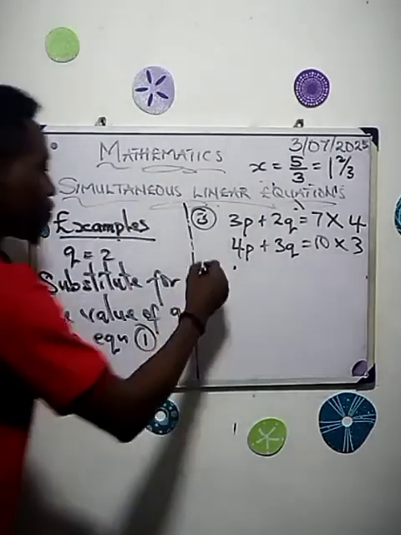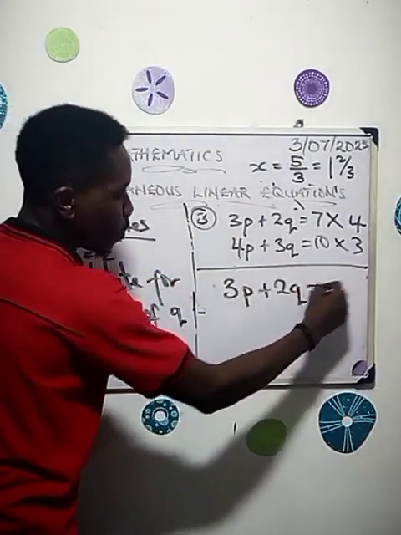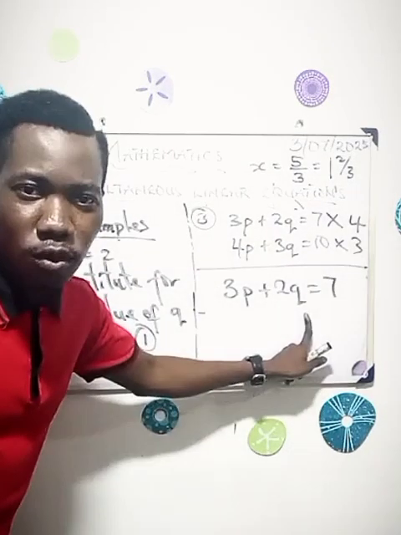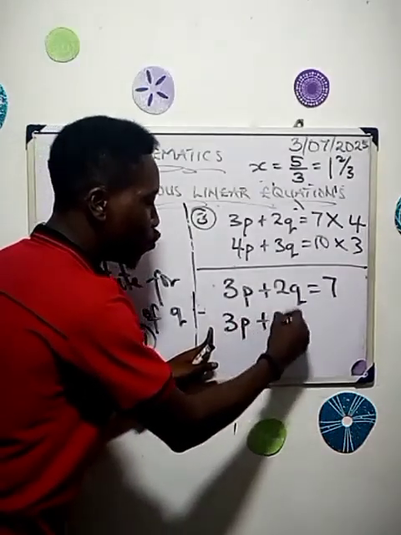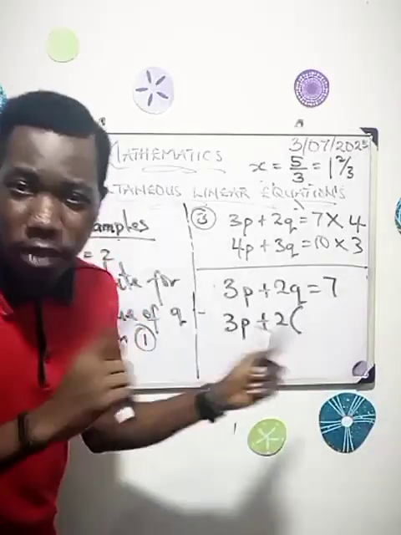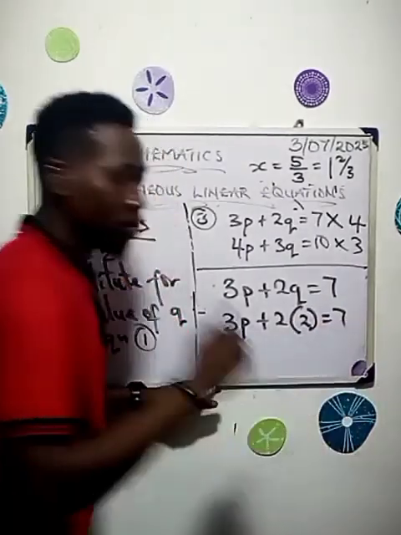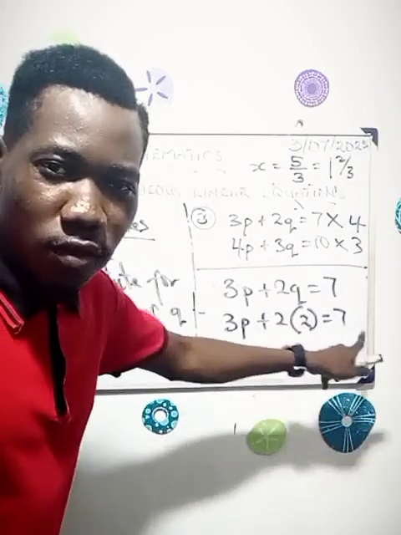The equation says 3P plus 2Q equals 7. And for Q we got 2. So where you have Q now, you want to put 2, right? So you're going to have 3P plus 2. 2Q means 2 times Q, so that's 2 times 2. So 3P plus 2 bracket 2 equals 7.